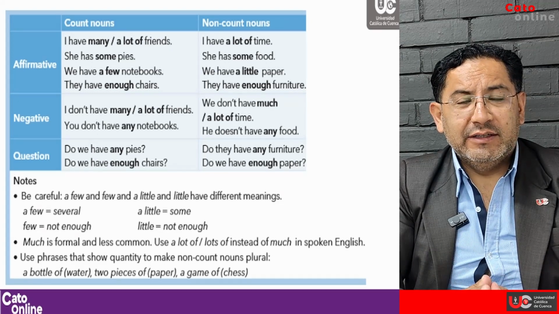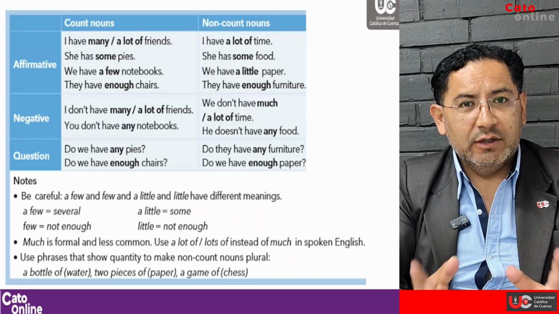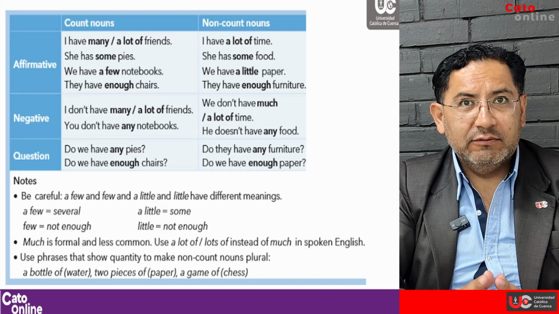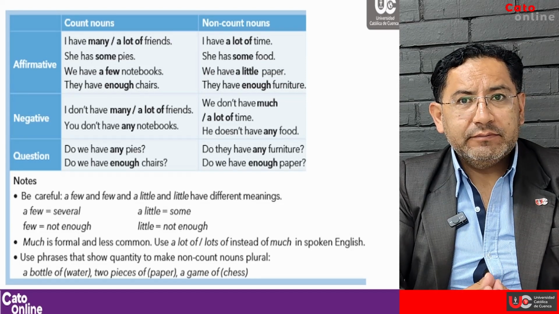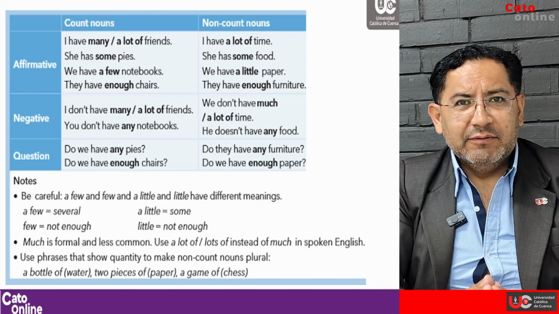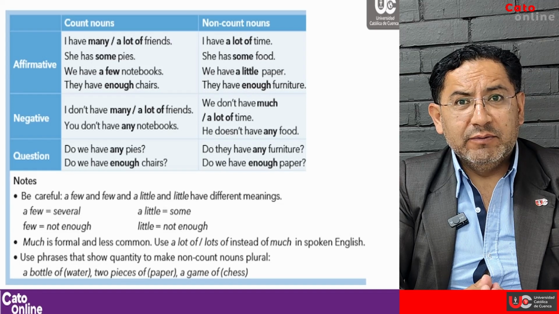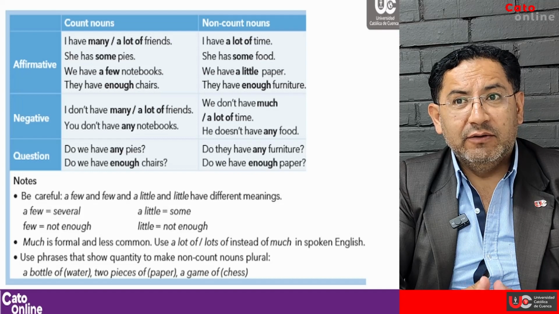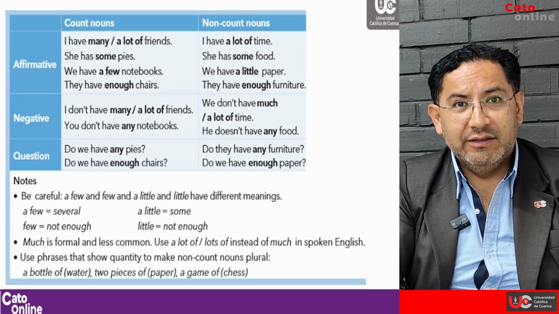That's the idea. With examples, you are going to master the use of these quantifiers. Okay, let's talk about much. It is formal or less common. Use a lot of or lots of instead of much in spoken English.